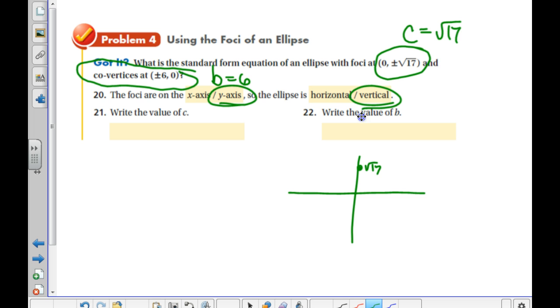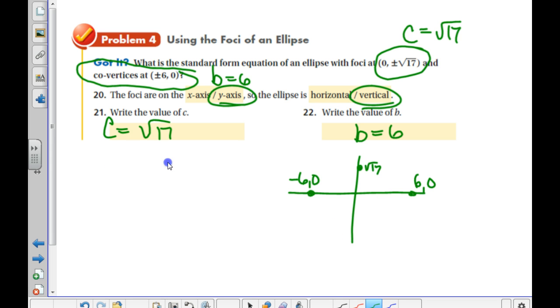Vertical. The value of c is the square root of 17. The value of b we already decided was 6, right? The co-vertices are out here at 6. We don't know where the actual vertices are, right?